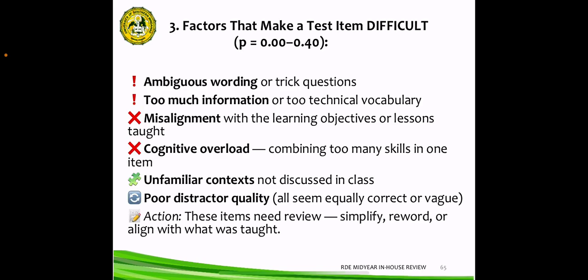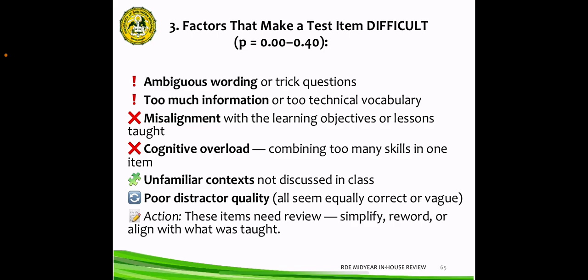Next are the factors that make a test item difficult. The p-value is 0.00 to 0.40. In making a test item difficult, they use ambiguous wording or trick questions.